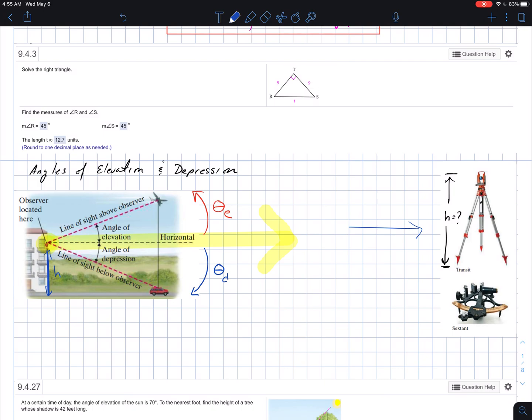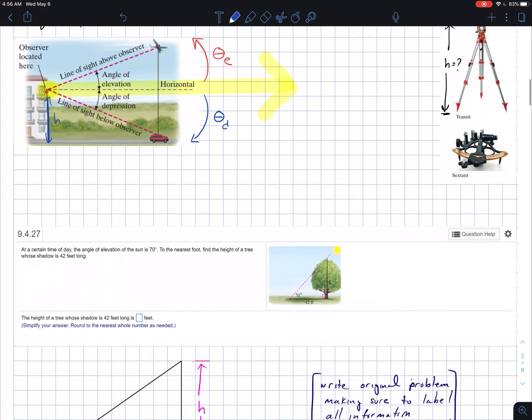You're going to see maybe some problems with this, and it might ask you for a given height. Now, all you have to do is calculate the way that you would normally do and simply add this height, whatever it may be, to the height of the answer. If you're looking for that, you'll see what I mean when you see the questions, okay?